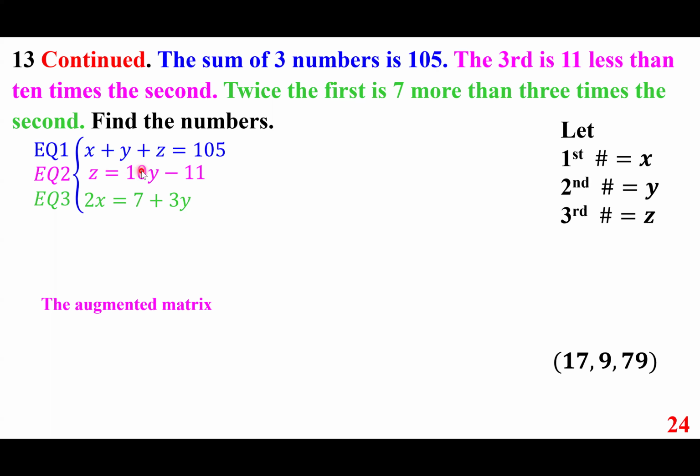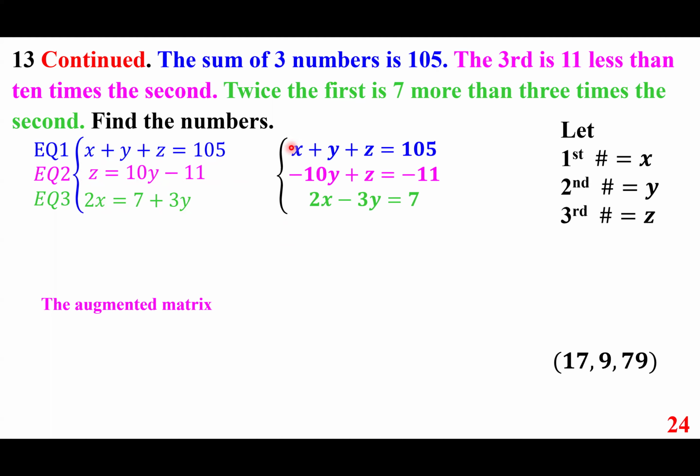This one, in order to write it, I can't write it the way it is. So I'm going to rewrite this. Same thing for this one. See, these last two must be changed. So this, I'm going to move it to the other side, minus 10y plus z equals minus 11. This is 2x minus 3y equals 7. So first, I have to make this change to be ready for the augmented matrix.